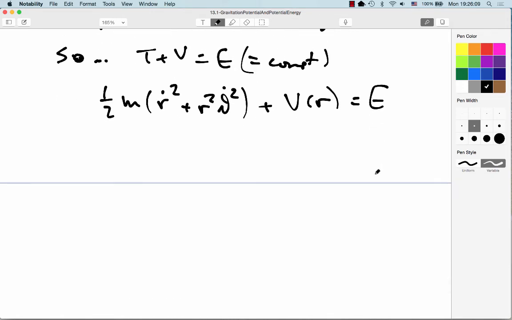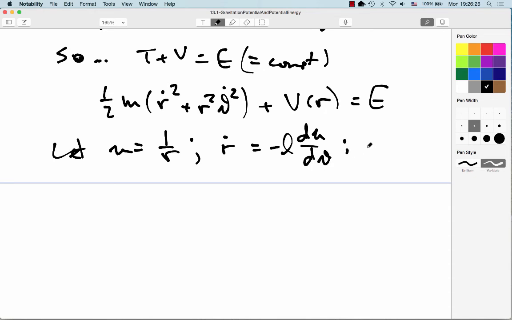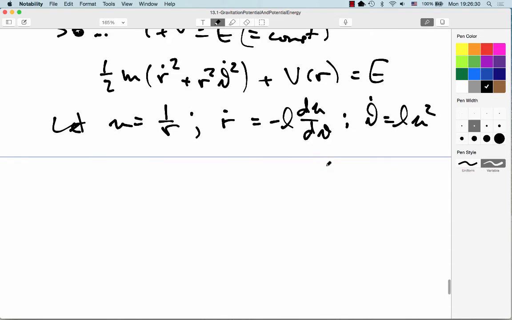We'll do the same trick we've usually done. We'll let u equal 1 over r, and that gave us, if you recall, that r dot was minus L du d theta, and theta dot was equal to L u squared.